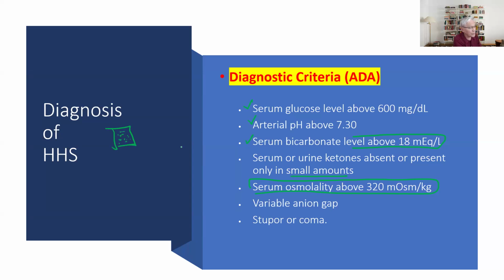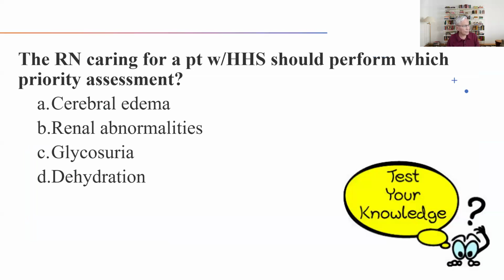And if it's above 320, then that means there is hyperosmolarity, and that is the criterion. And notice that there's a variable anion gap over here. In DKA, there is going to be a normal anion gap. And lastly, neurological symptoms inclusive of stupor or coma.